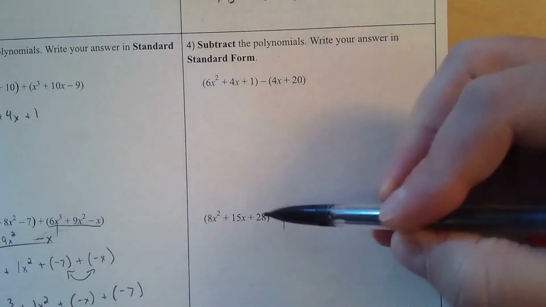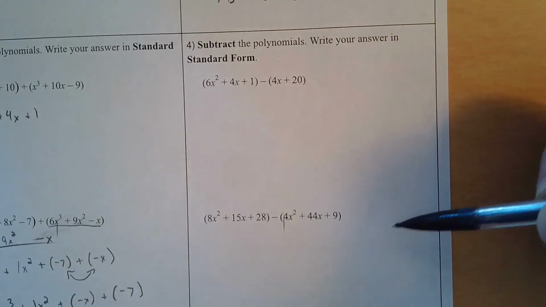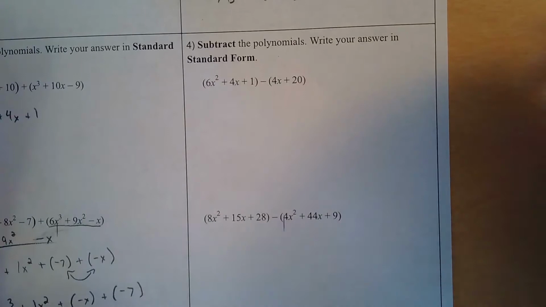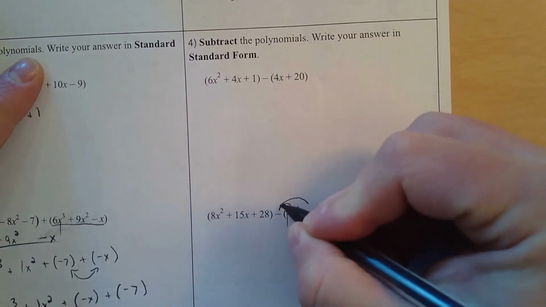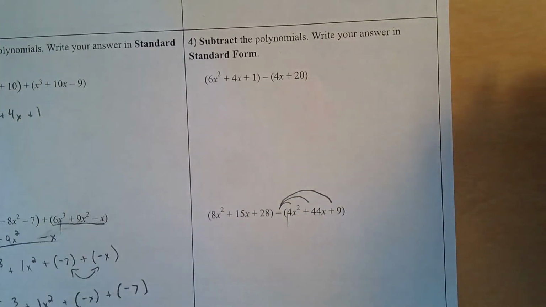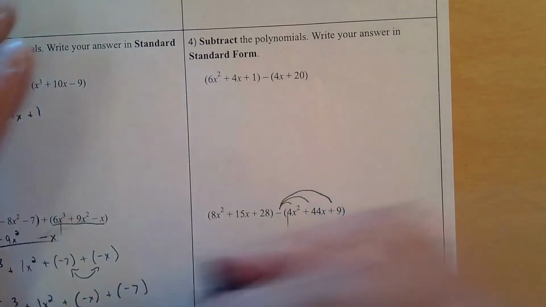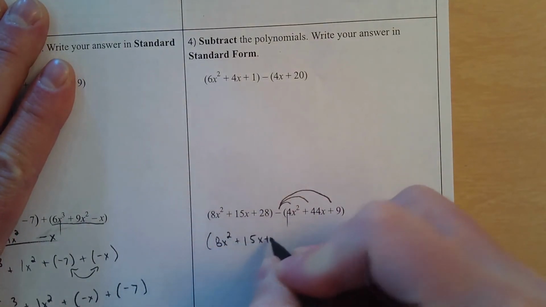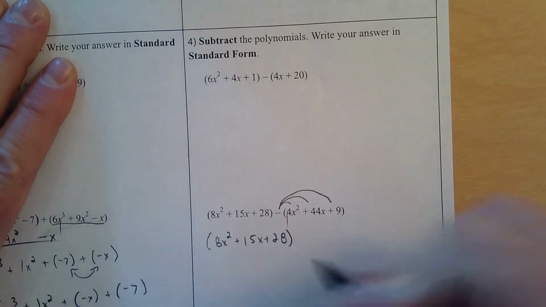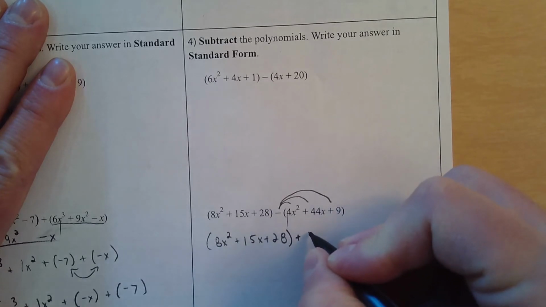The other thing you can do is essentially you're just going to take this minus sign and distribute it to all of the terms in the polynomial that follows it. So I'm going to take this minus sign and distribute it to all of those guys. And let me show you what's going on there. Another way to think about it: change subtraction to addition, and then make what follows it a negative.